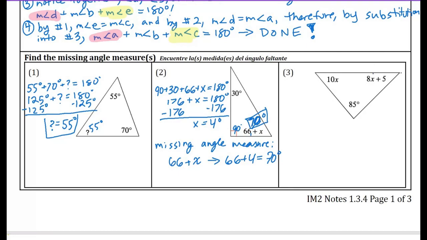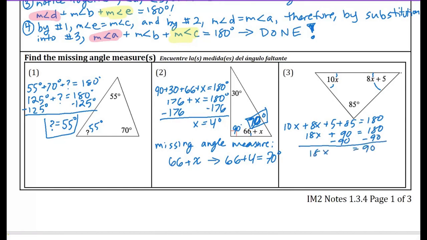All right, number 3. I'll be finding out what 8x plus 5 is. I'll also need to find out what 10x is. Okay. So I know these angles would add up to 180, so I have 10x plus 8x plus 5 plus 85 equals 180. Combining like terms, I have 18x plus 90 equals 180. Subtract 90 from both sides. 18x equals 90, divide by 18, gets me x equals 5.